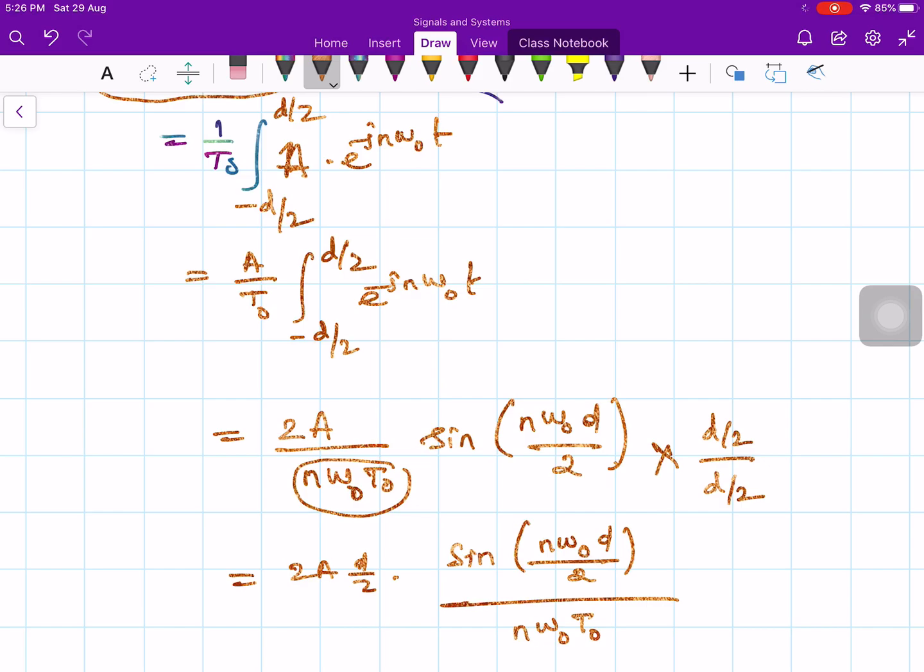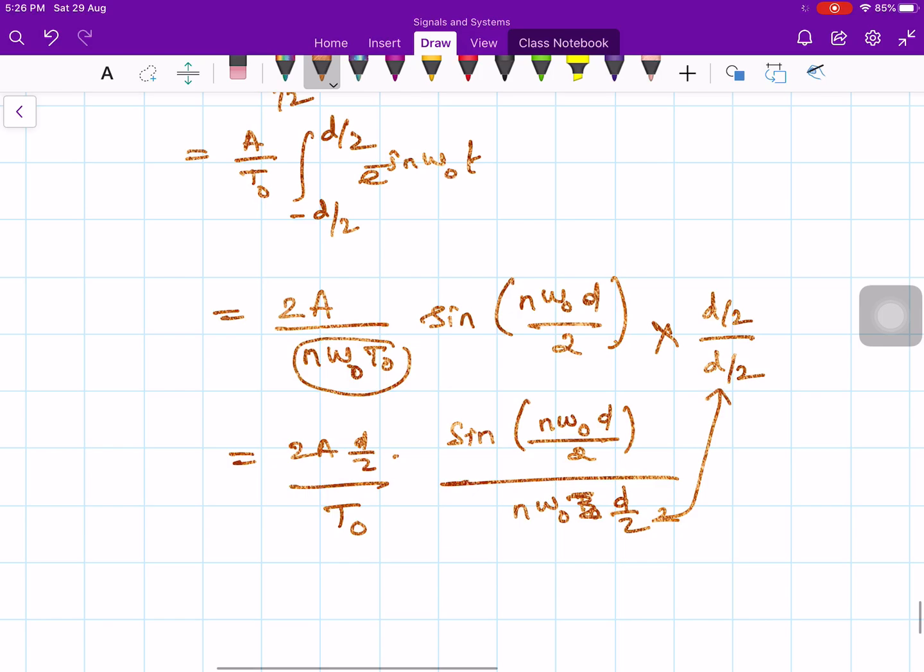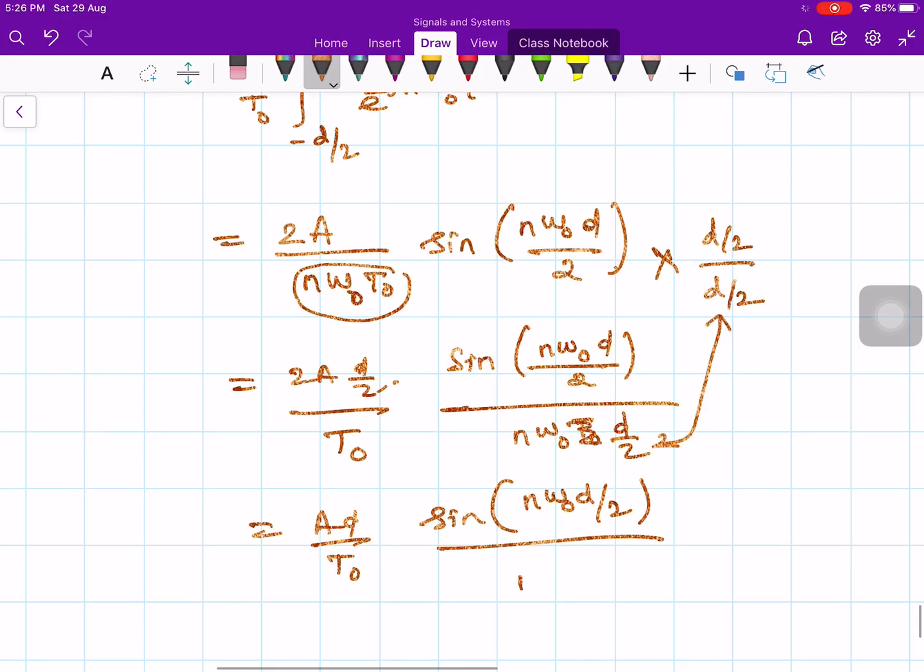This t naught you can bring it here, then this d by 2. Now that 2 will get cancelled, so a d by t naught sine of n omega naught d by 2 divided by n omega naught d by 2.